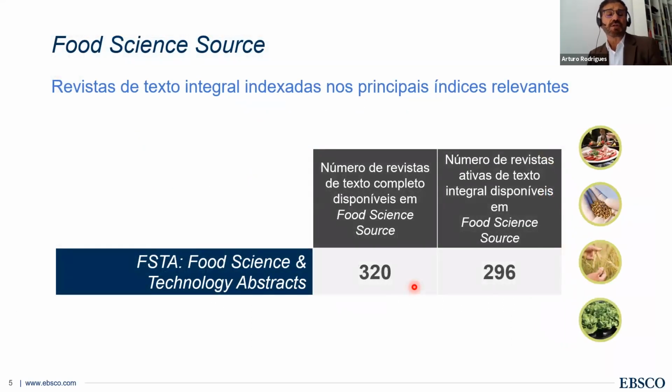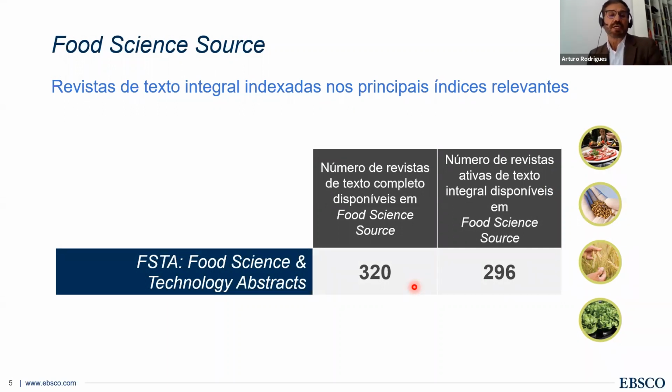A Food Science Source, como já dissemos, integra mais de 700 revistas em texto completo, ok? Mas ela está igualmente referenciada nos principais índices dentro da indústria alimentar, como, por exemplo, a CAB Abstracts ou a Agricola.